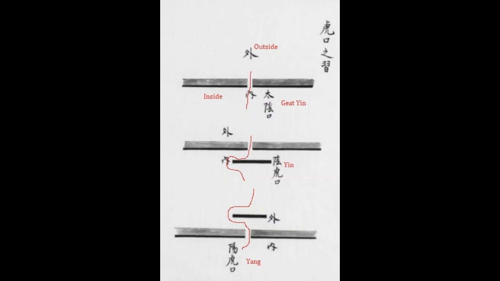But if you have a barricade on the outside of the opening, then it's called a yang opening or a yang gate, because you are no longer receiving, you are pushing forward, right? So if there's no blockage, it's great yin.